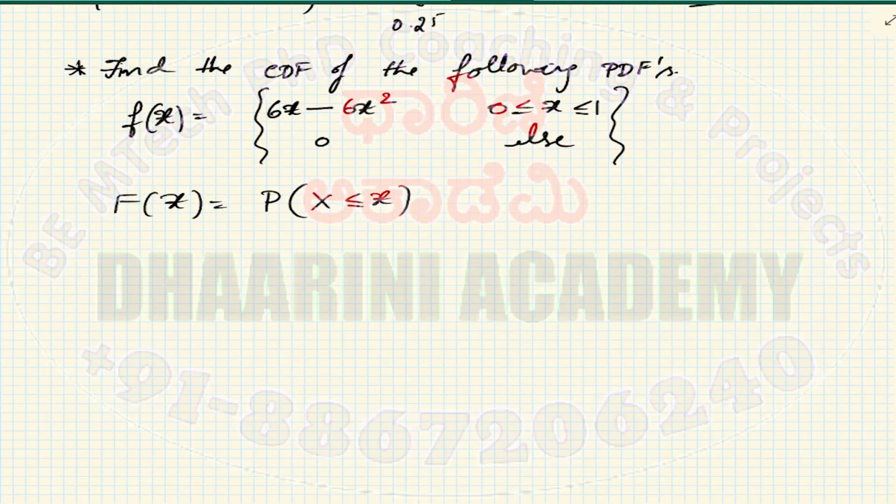Now we know that the CDF, F of x, is equal to the probability that the random variable capital X takes all the values less than or equal to a specific value x. That is the integral from minus infinity till x of f of x dx. So it has to be integrated, correct?